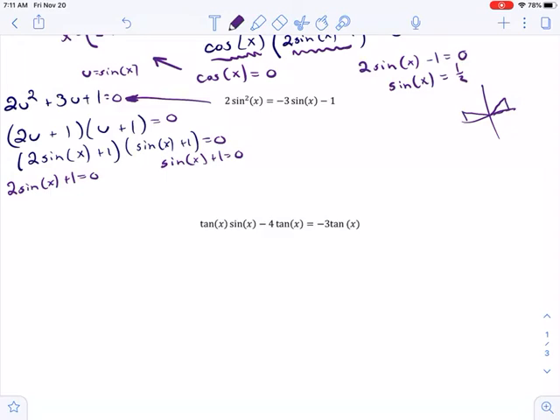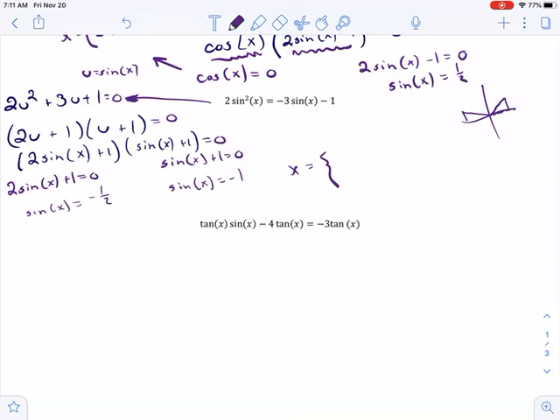So if I solve this a little bit further, this is going to be negative 1/2 here, and this is going to be sine of x equals negative 1. So I'm looking for y-coordinates that satisfy those equations on my unit circle.